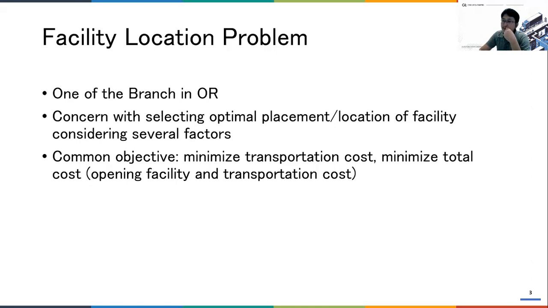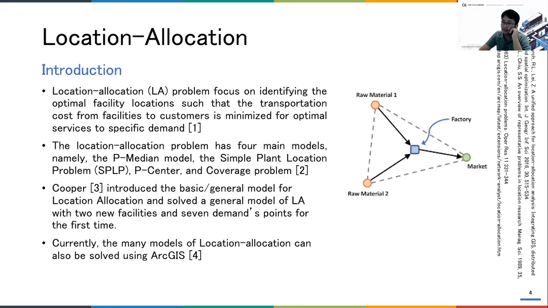And in the traditional supply chain, the objective is basically monetary, like either minimizing the cost or maximizing the profit by increasing customer satisfaction. This is the traditional facility location.